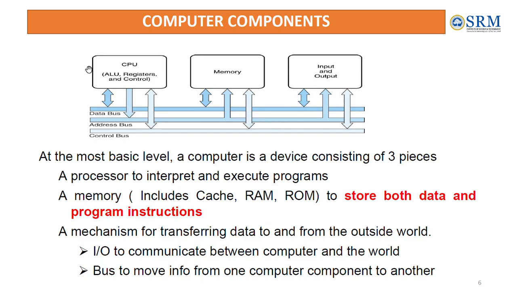And how we organize it with the memory and input output devices is called the computer organization. When we combine these, we have computer organization and architecture. So this is our subject, and you will study this.